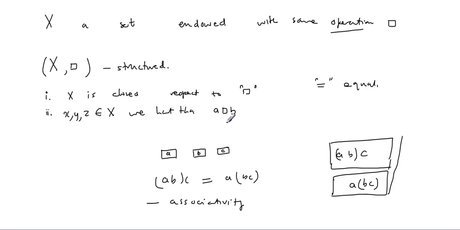Two, in other words, at a time we can operate only two. Then we're saying this is a binary operation. It doesn't allow you to operate three at a time. You operate two. So when we put three elements X, Y, Z in X, first of all, we say it's closed, which means up to here, it's a magma.